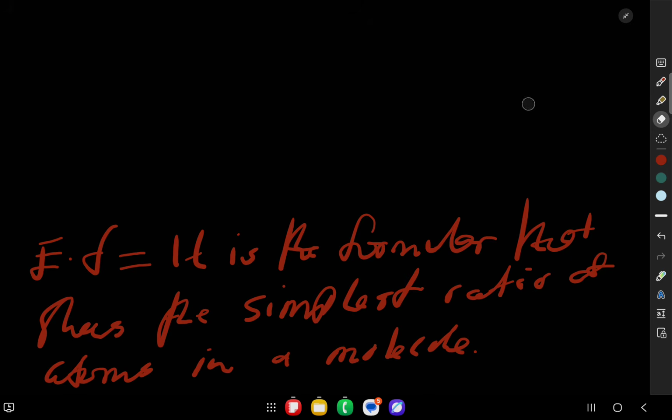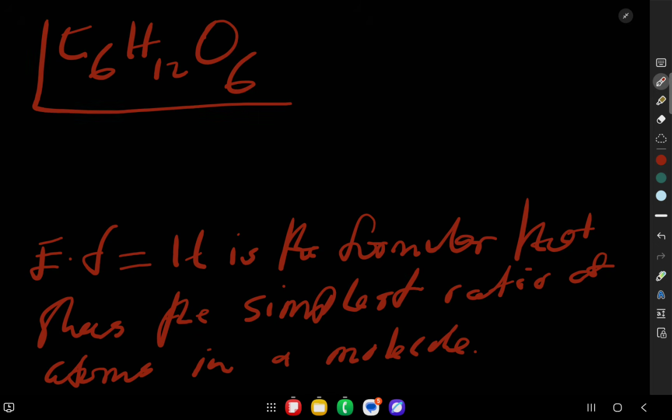We all know how glucose is written. It's written as C6H12O6. Right? So to me, this is the actual formula. This is the true formula of glucose. Now, if they say empirical formula, it's a formula that shows the simplest ratios of atoms, or the lowest, right? Can we see 6 here?